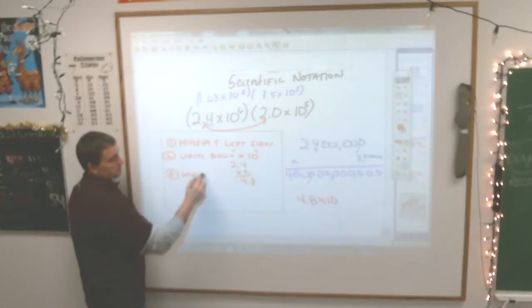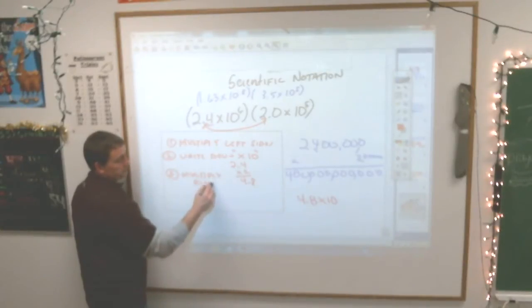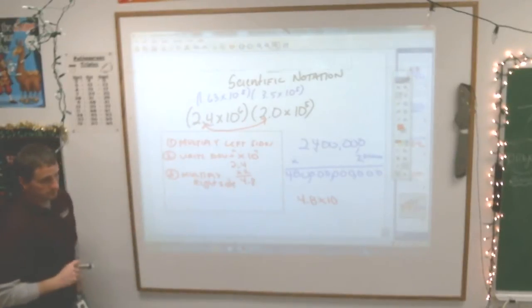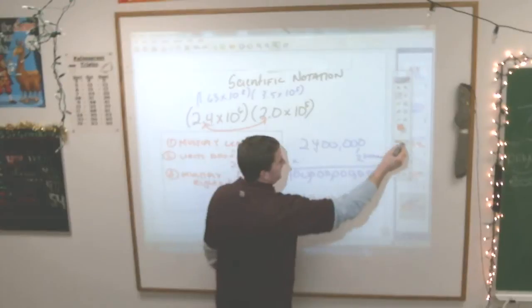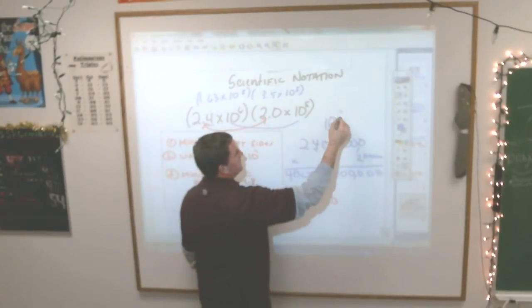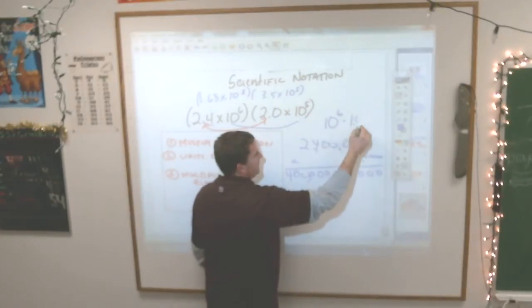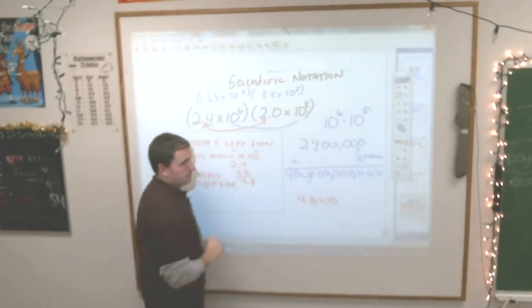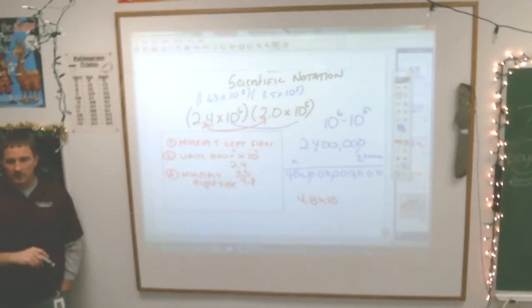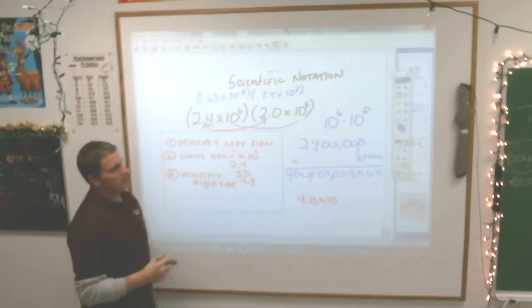And then step 3, and here's where things get a little dicey for people, is you need to multiply the right sides together. Now here's where you need to focus with me, children. Okay? What do I get when I multiply 10 to the 6th times 10 to the 5th? Now people logically want to say it's 10 to the 30th power, but that's not what it is.